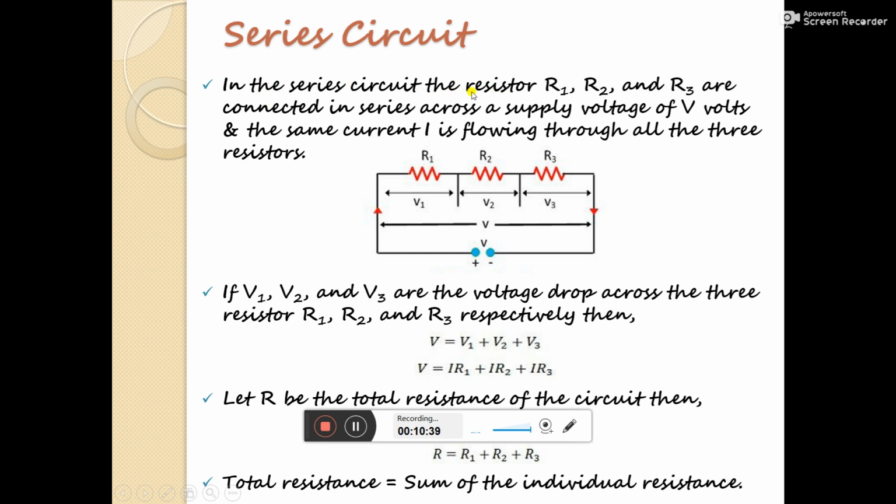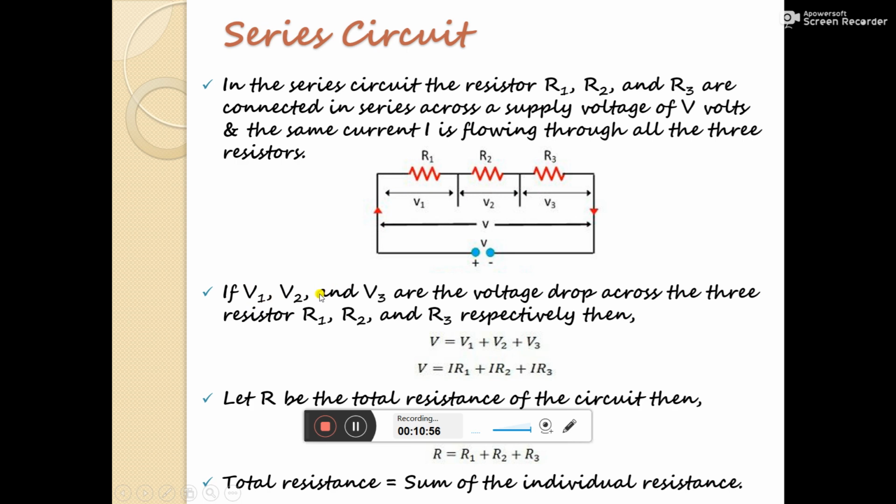In the series circuit, the resistors R1, R2, R3 are connected in series across a supply voltage of V volts, and the same current I will be flowing through all three resistors.